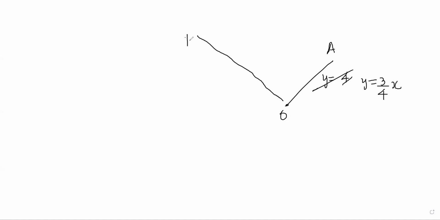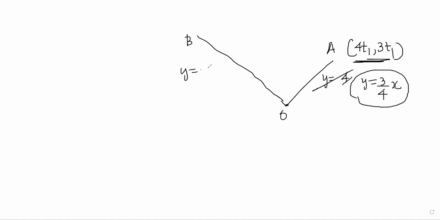Let's do it on the next screen. We know the OA line is y is equal to 3 by 4 x. This is O, this is A, and B was like this, OB. So the A point can be written as (4t1, 3t1) because it satisfies this line equation.